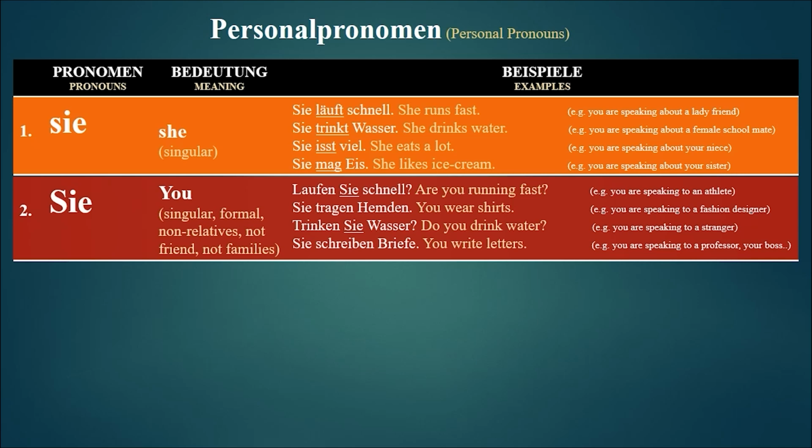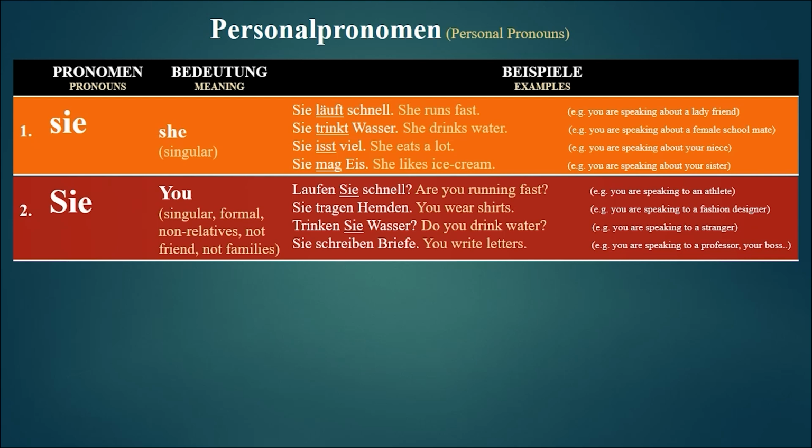This Sie represents or stands for you. So if you were referring to the person as you, you do not use du, the second person singular pronoun. No, you use Sie because it's someone you are not familiar with, not friendly with, and this is a type of formal greeting. We already said the Germans have formal greetings and informal greetings. People you are not familiar with, you use Sie.